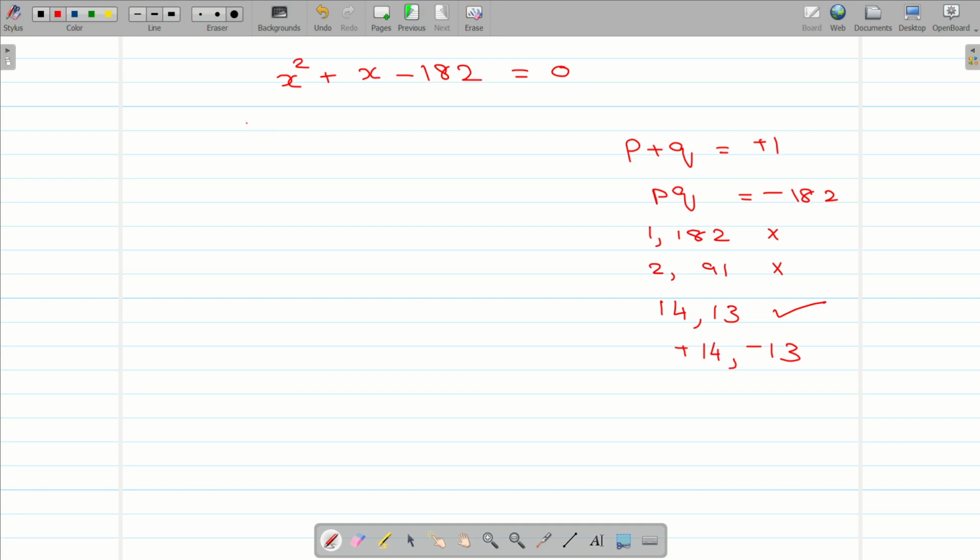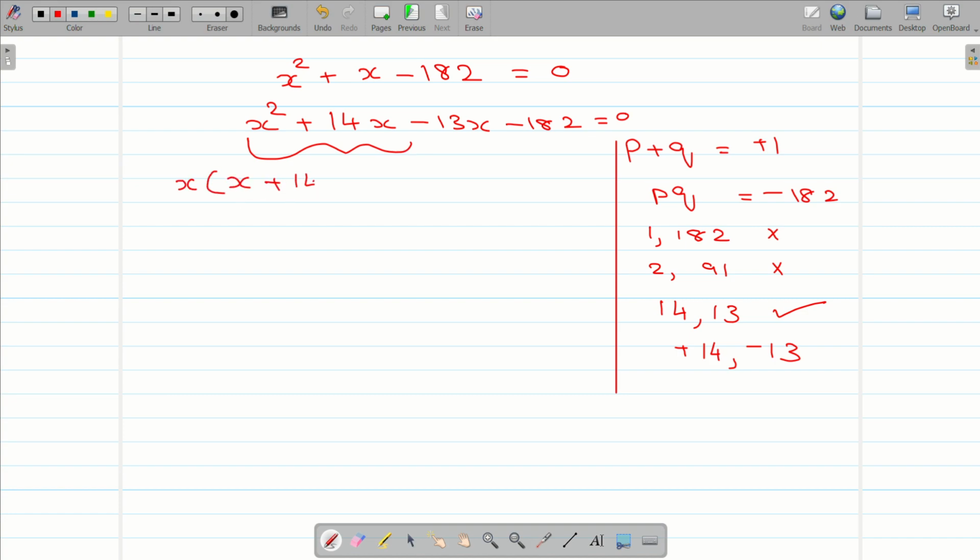So we can split the middle term in this manner. x squared plus 14x minus 13x minus 182 is equal to 0. From the first two, I can take x common: x into x plus 14.